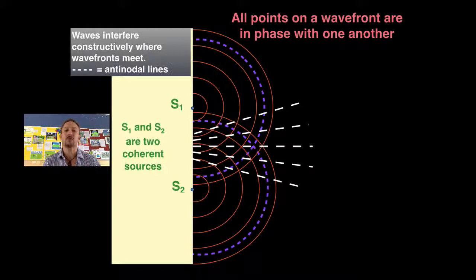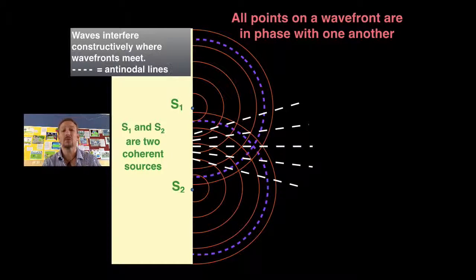Now I've only drawn 2 crests in there, one from S1 and S2, simply to show what's going on. Otherwise it gets very, very confusing and a bit messy. But what I'd like you to understand is that on that first line that I generated, there is a crossover between the 2 crests. So these lines of antinodes are showing that we've got high amplitudes of crest meeting crest and trough meeting trough.